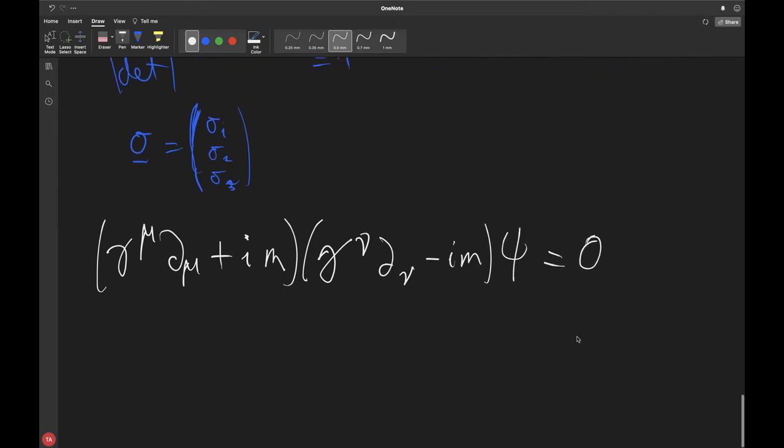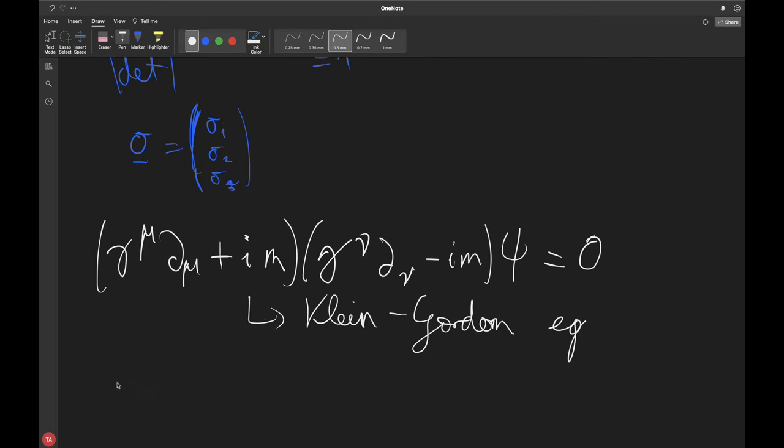So this is still the Klein-Gordon equation, right? And we wanted to take the square root of this, which now seems to be simple, or like we could say that if we want to solve this equation, we can do that by saying that one or the other is 0.